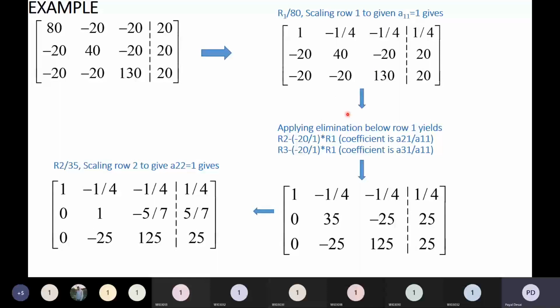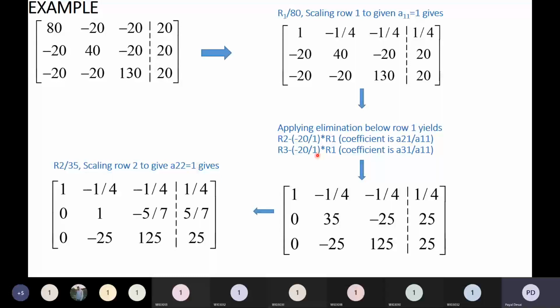The row from which we want to eliminate is the row you deduct from; you have to remember that. So R3 minus 20 by 1 into R1, and this is your elimination multiplier, the coefficient. If you do this, these two are eliminated. For those who have not understood Gauss elimination properly, I have repeated this.